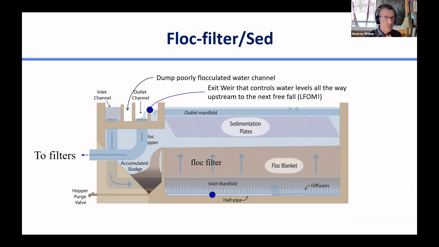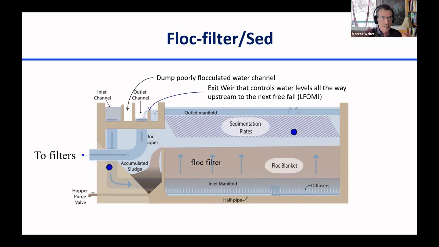And that exit weir is what controls the water level in this tank. And actually that exit weir is the first place where the water does a free fall since the LFOM. So in the linear flow orifice meter, water does a free fall and basically drops into the upstream end of the flocculator.